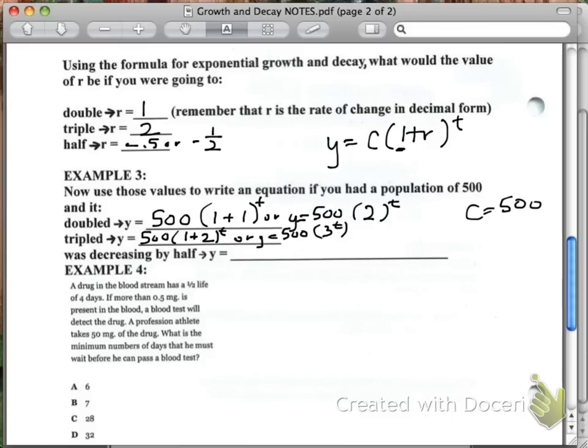And again, if I want to decrease it by half, I would do y equals 500 times 1 minus 1/2 to the T power, or y equals 500 times half to the T power.